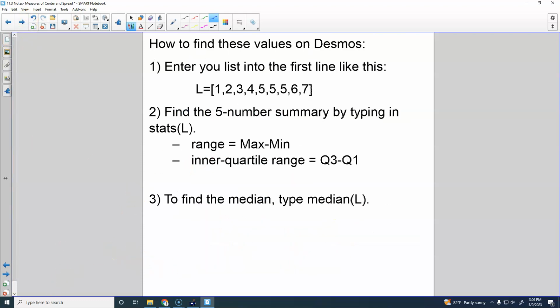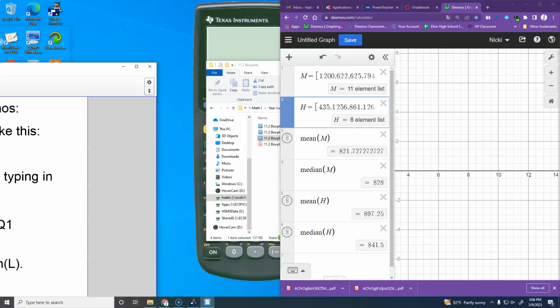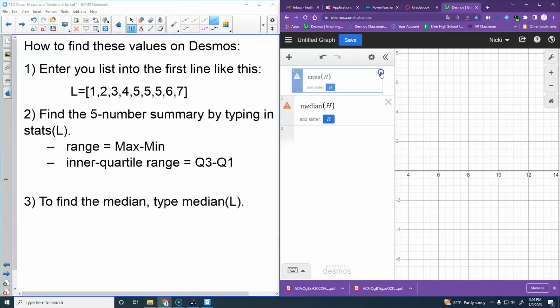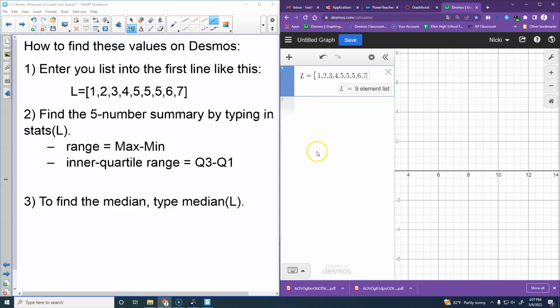So, real quick, let's look at how you do these in Desmos so you at least have that. Okay? I'm going to enter this here. L equals 1, 2, 3, 4, 5, 5, 5, 6, 7. All right.